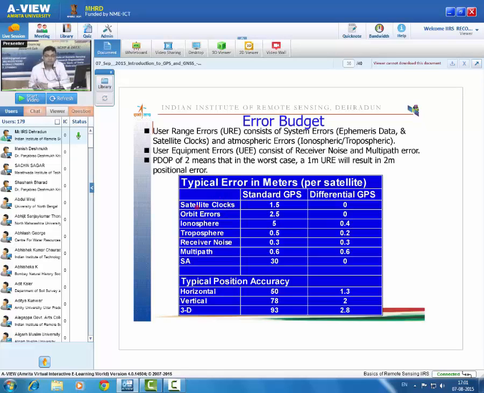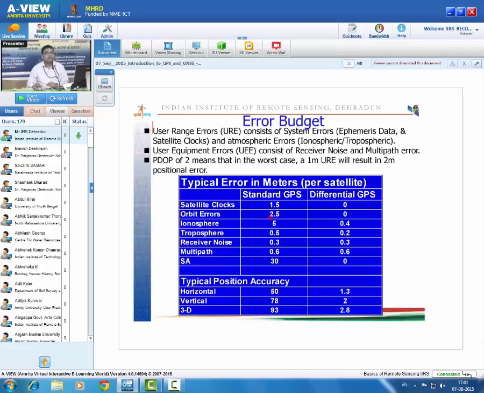So there is an error in the satellite clocks which incorporates an error of the order of about 1.5 meter in the pseudo range. See, this is the error in the calculation of pseudo range, that is the distance calculation between the satellite and the receiver. Then there are errors because of orbital errors. It can contribute up to the order of 2.5 meter in the pseudo range.